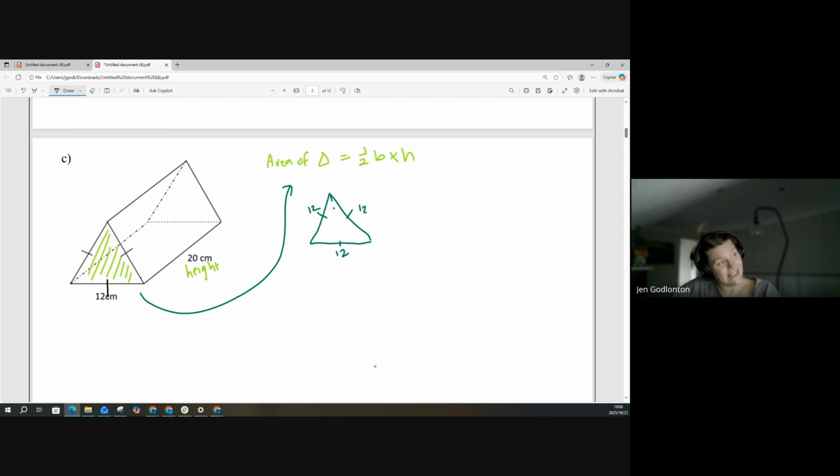Which means that if I cut this down to have my perpendicular height, this will be 6 and this will be 6. So those are special rules of an equilateral triangle. And if I have that, then I can figure out my height. And if I can figure out my height, I can figure out the area of my triangle. And your friend here is going to be Mr. Pythagoras.